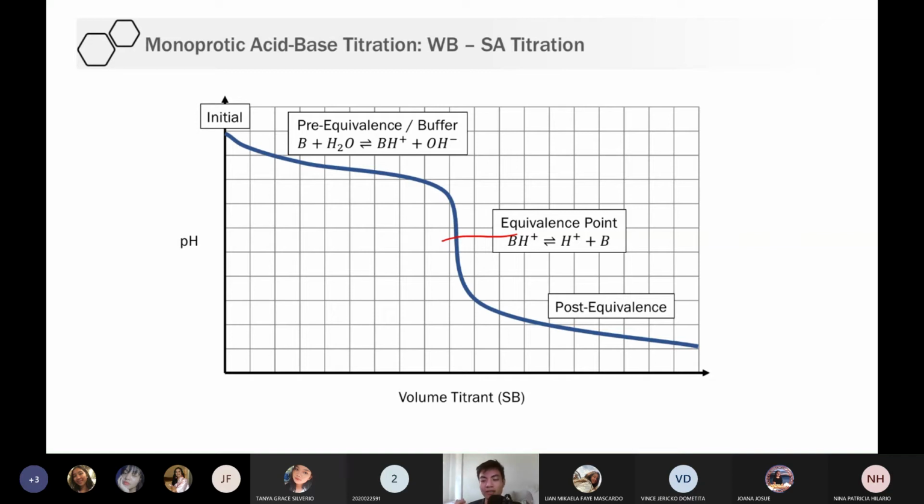O, malamang greater than 7 kasi we have the conjugate base, no? May base tayo at equivalence point. In this case, WBSA, no, at equivalence point we have the conjugate acid. So, ibig sabihin, mababa yung pH. Okay? Good tayo dun. Nagigets na sana, no?